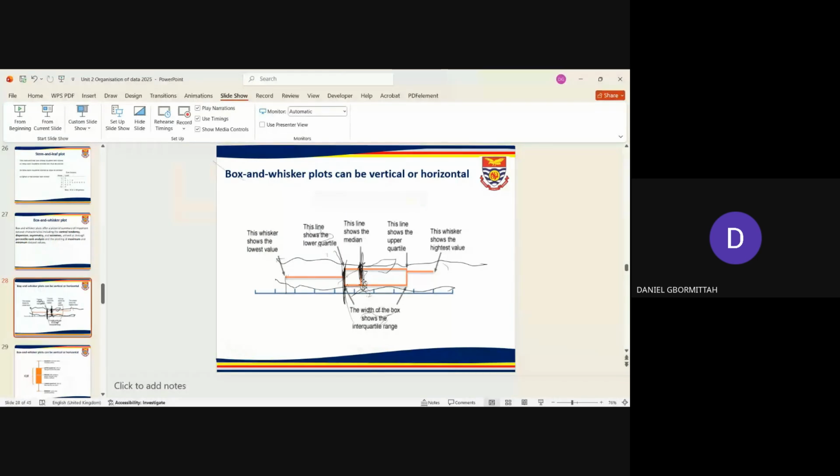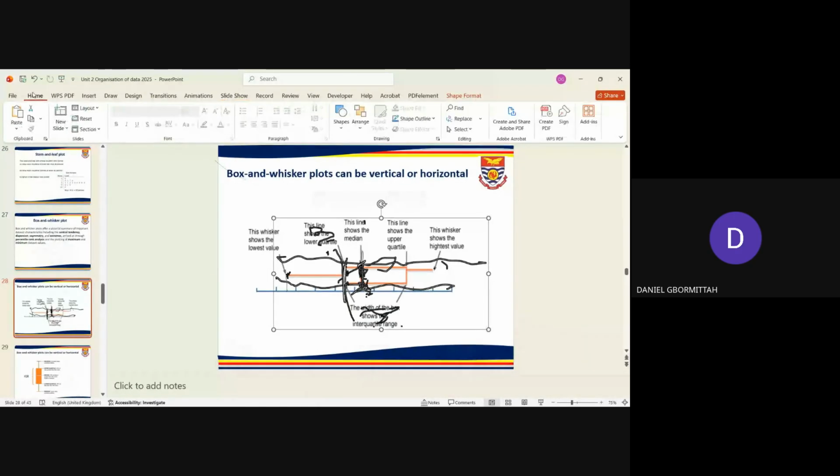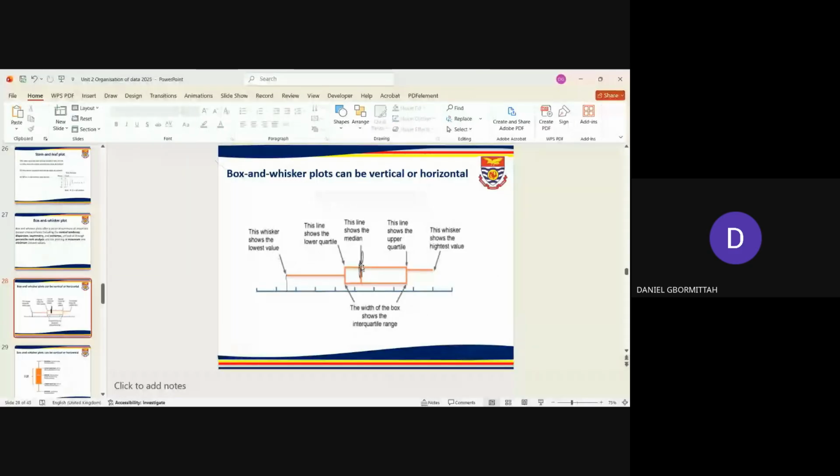Then we have the line up here, this way. This line shows the upper quartile.